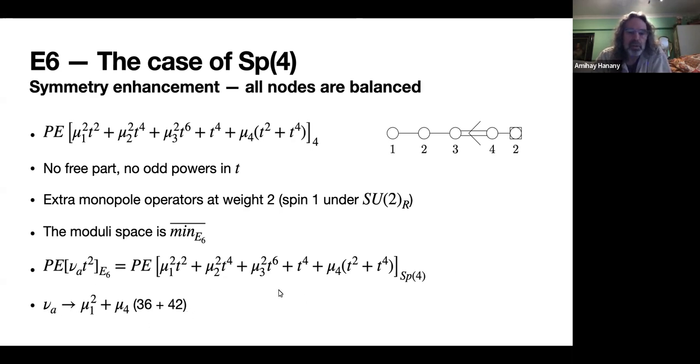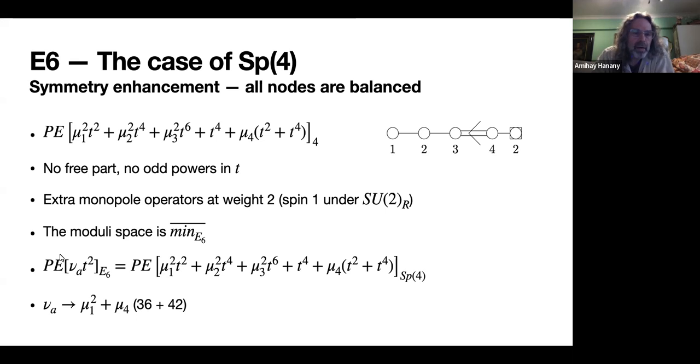Now this is an expansion in t squared, with left side and right side, which tells me that the adjoint of E6 decomposes under this embedding of SP4 to the adjoint of SP4 of dimension 36 and the fourth representation of SP4, the one here, of dimension 42.